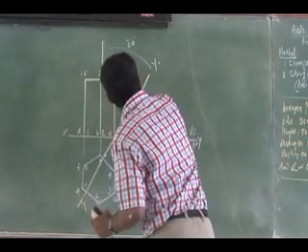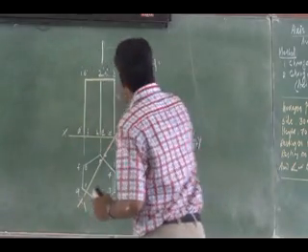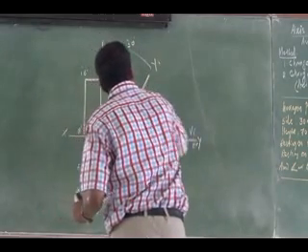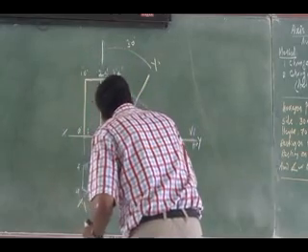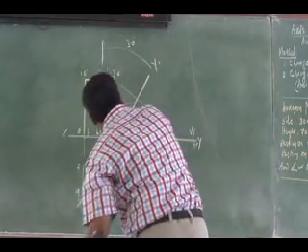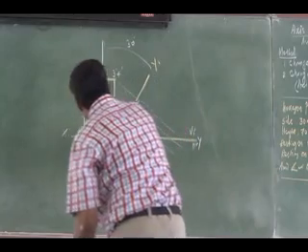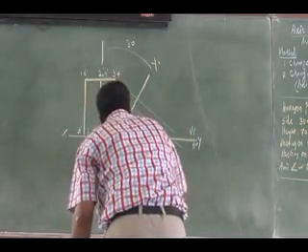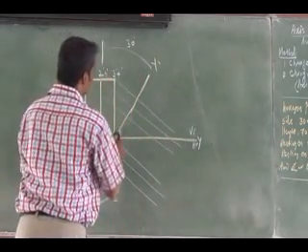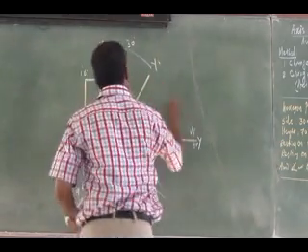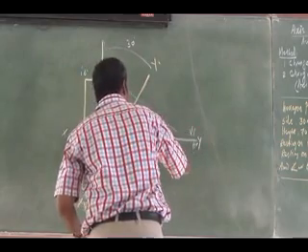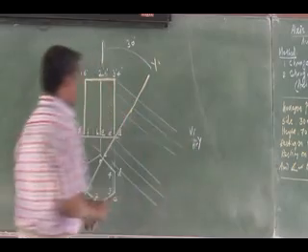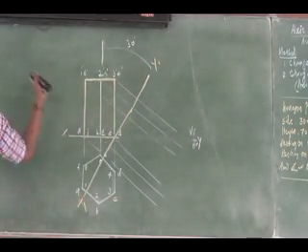So I can draw a projector perpendicular to the new reference line. See here, I have extended the projector perpendicular to the new reference line. Right. This is how I have to extend it.